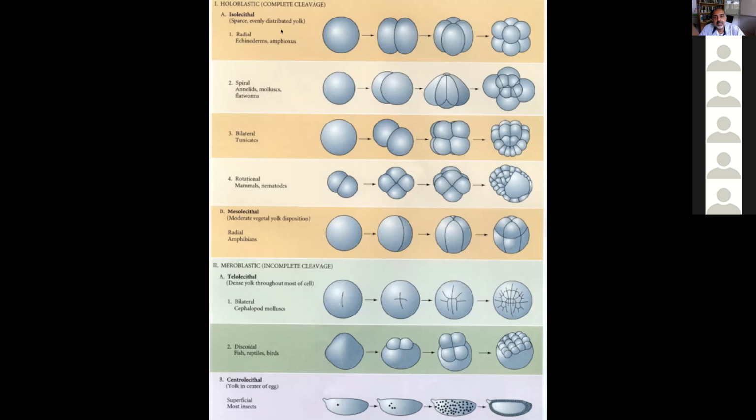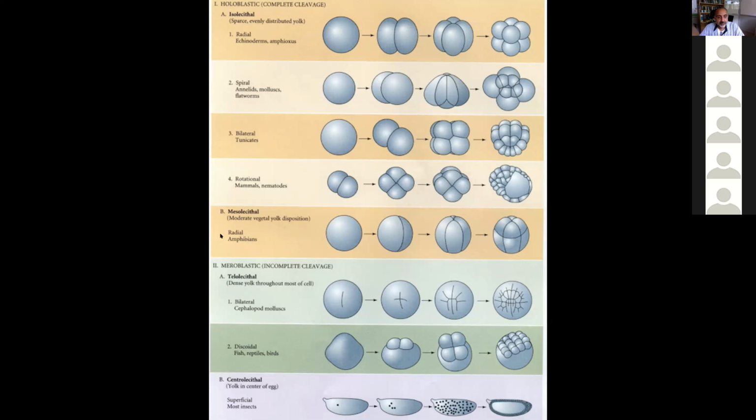Holoblastic is usually when there's either no yolk or the yolk is very evenly distributed. And what this refers to is that the cleavage is complete. So when cells divide, they divide completely.